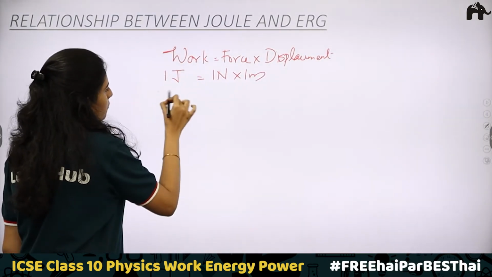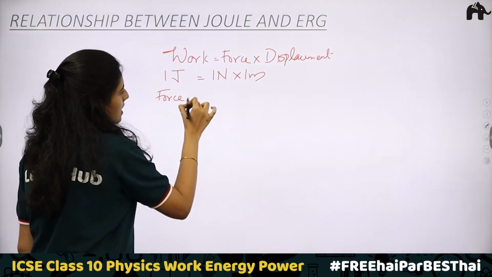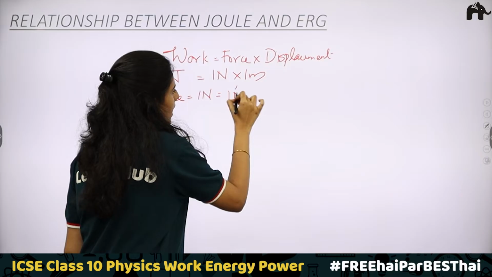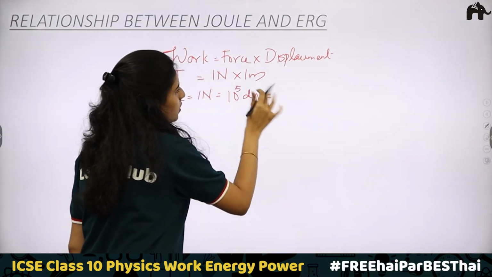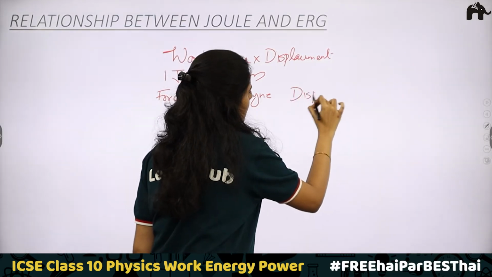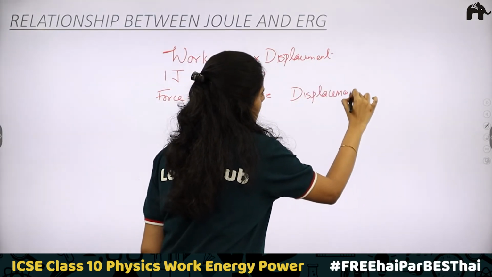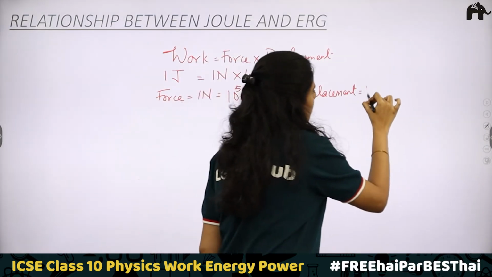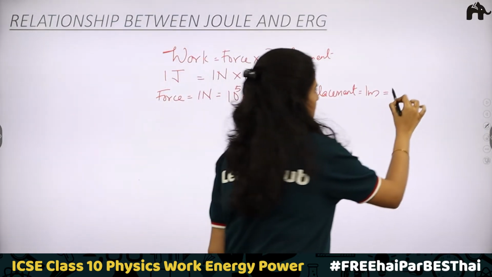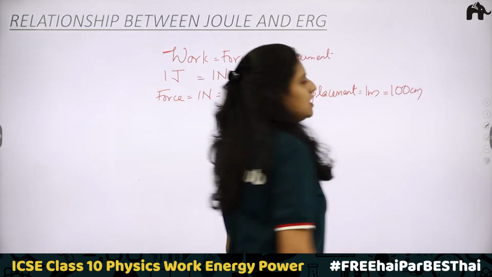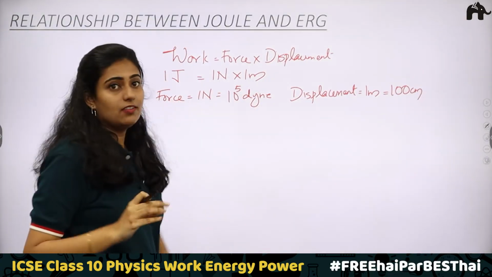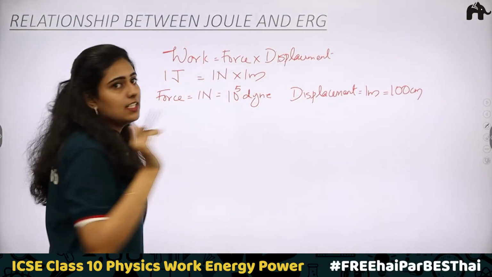Now, force is expressed in newtons. 1 Newton is equal to 10 raised to 5 dyne. Dyne is also a unit of force. Displacement here is 1 meter. 1 meter is how many centimeters? 100 centimeters. So displacement taken in centimeter and force taken in dyne will give you work in erg.